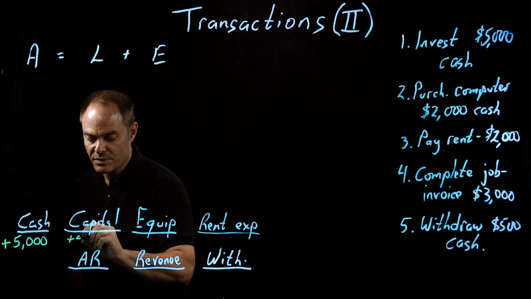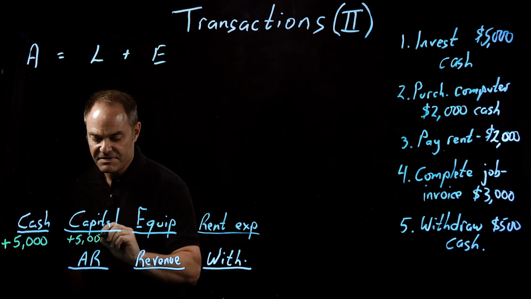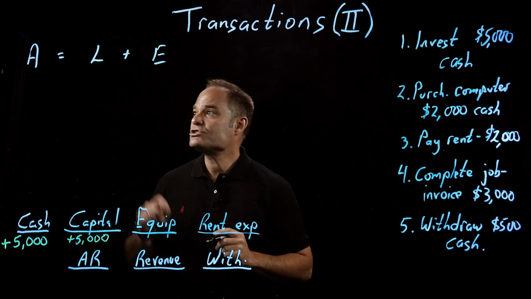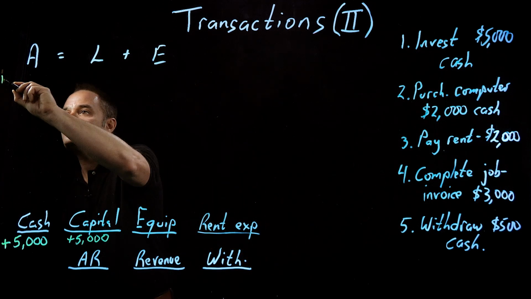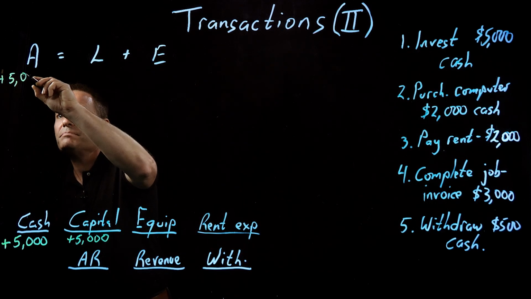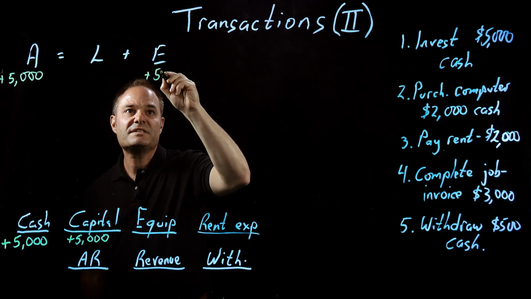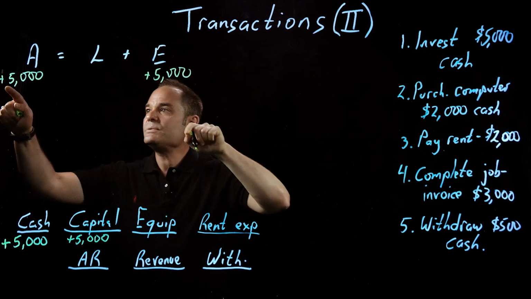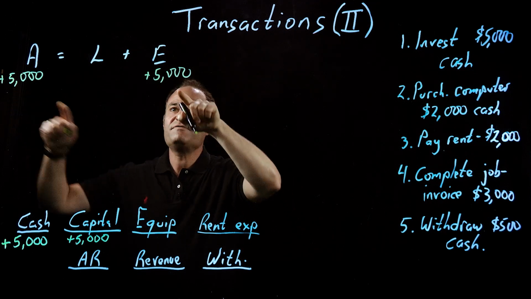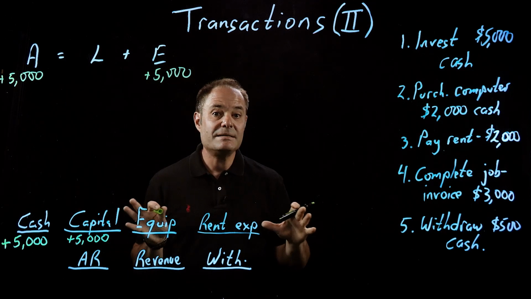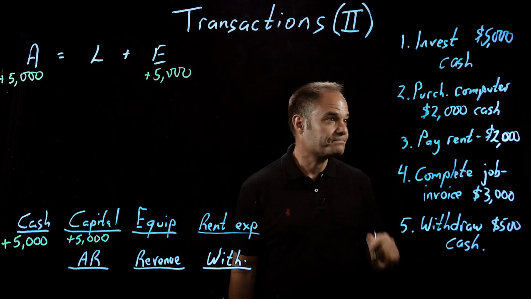So our capital is going to increase by $5,000. And cash being an asset, we can just very quickly go up here and say plus 5,000. Capital is equity, so we'll put plus 5,000 here. And you can see we have 5,000 on this side of the equation, 5,000 on this side of the equation. It's in balance, so that one's okay.